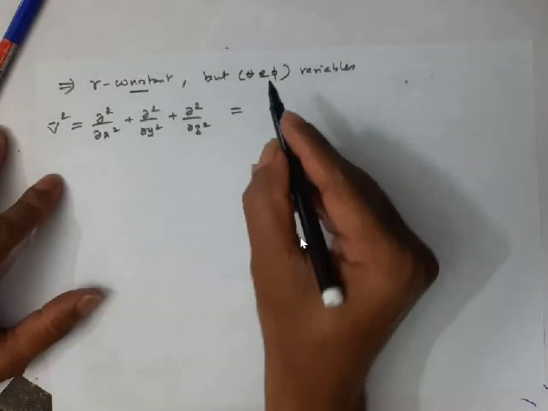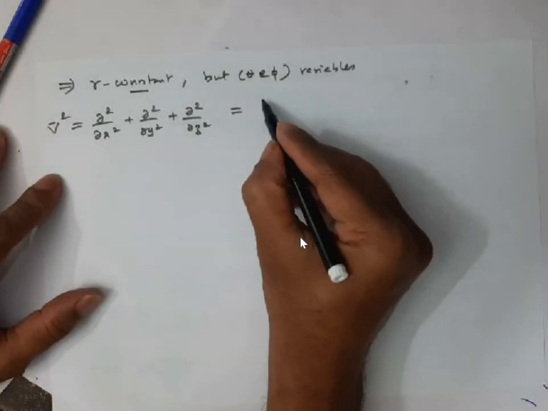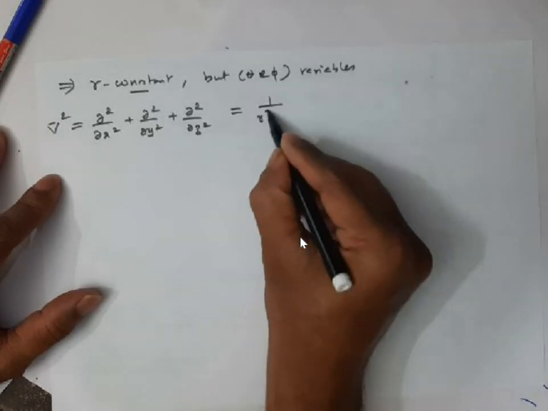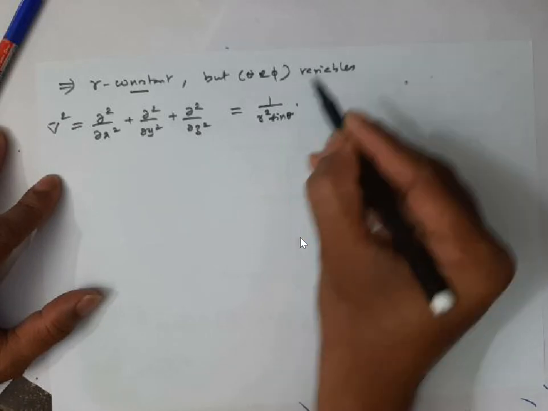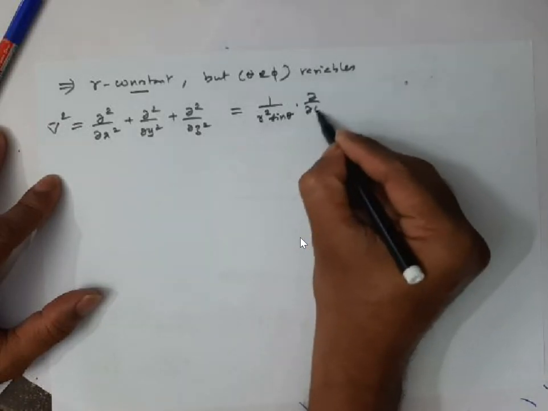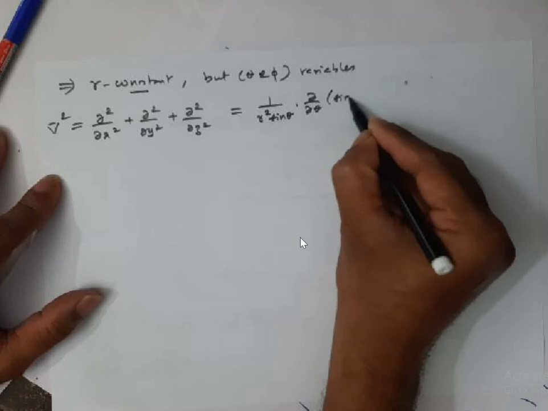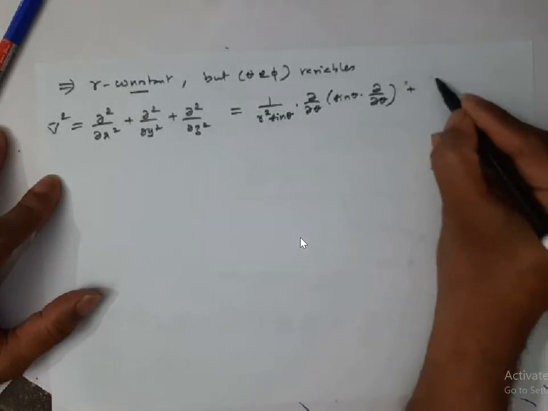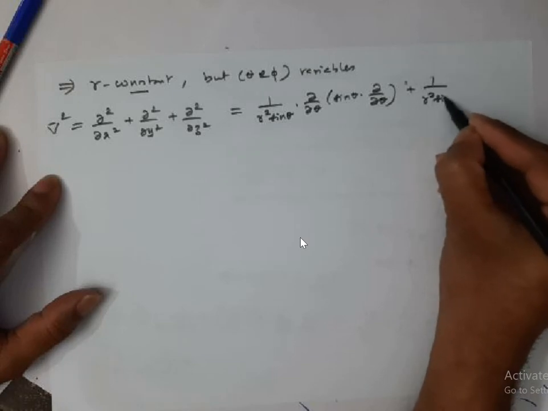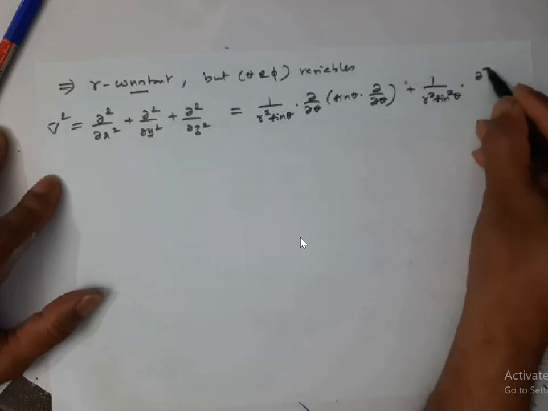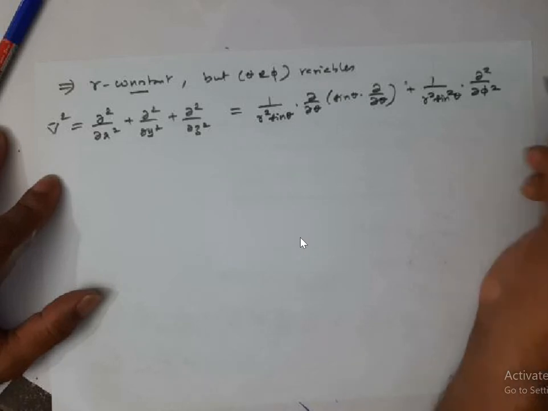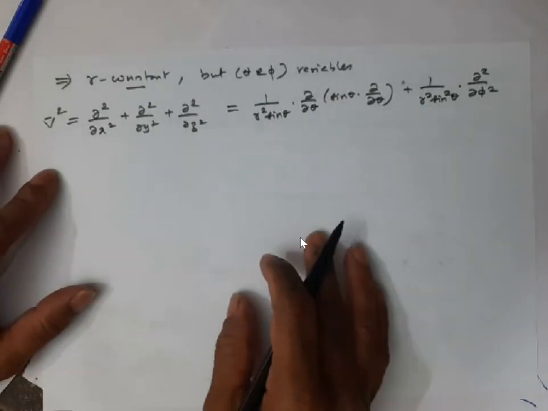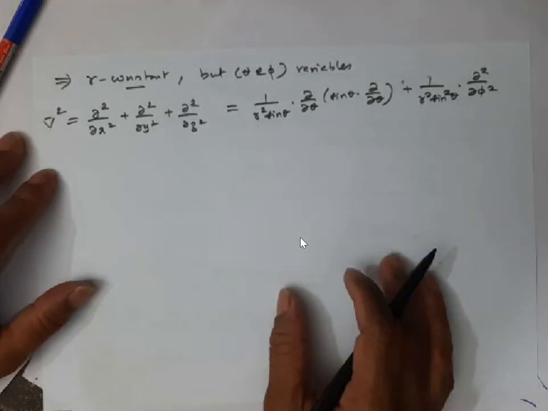The remaining terms are 1 by r² sin θ ∂/∂θ (sin θ ∂/∂θ) plus 1 by r² sin²θ ∂²/∂φ². Since r² is constant, you can also take r² out, and you can write a simplified expression.